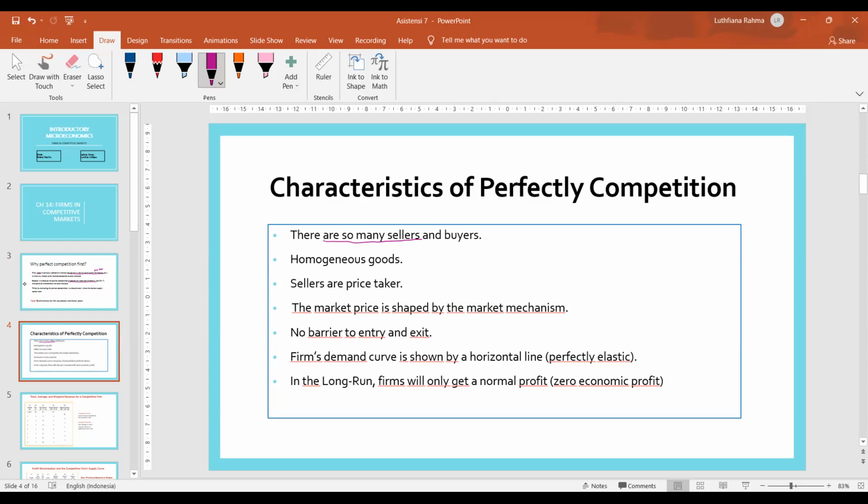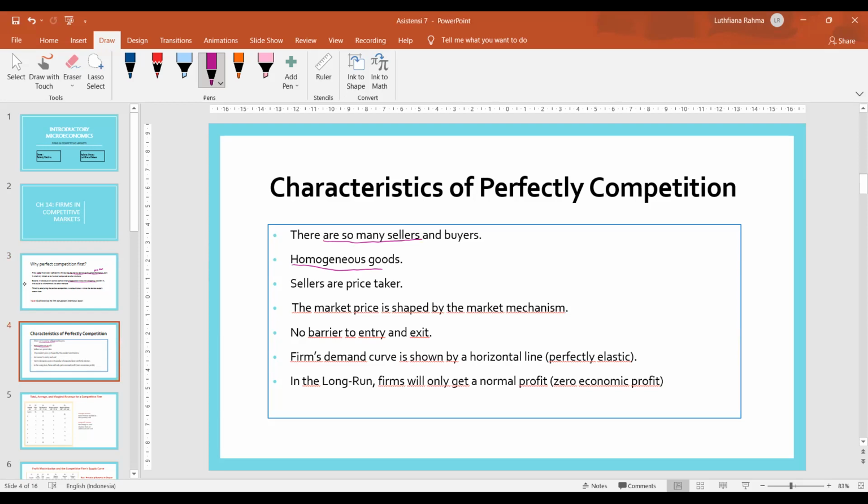The second characteristic is that the product is homogeneous. Homogeneous goods means that all sellers sell literally the same product: the same color, the same function, the same taste, the same size.